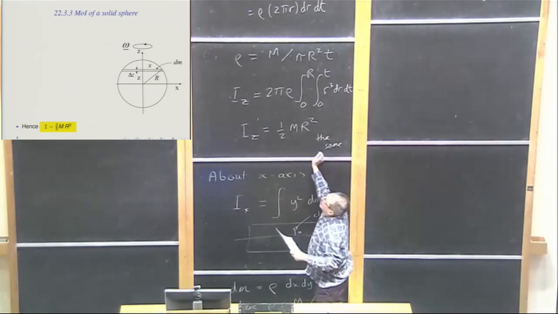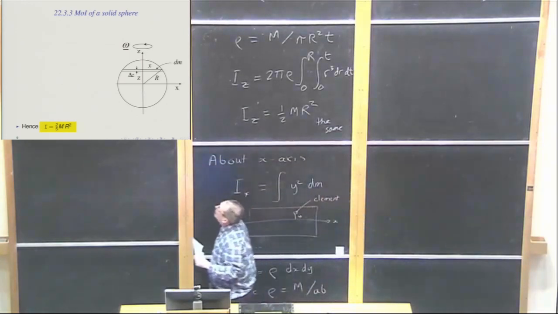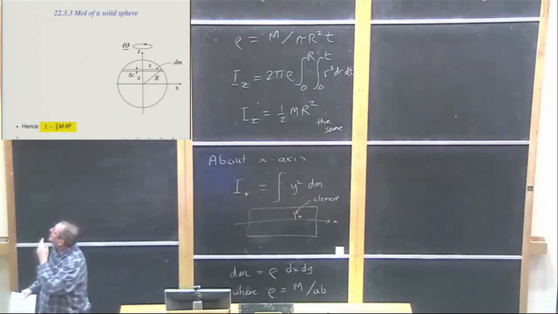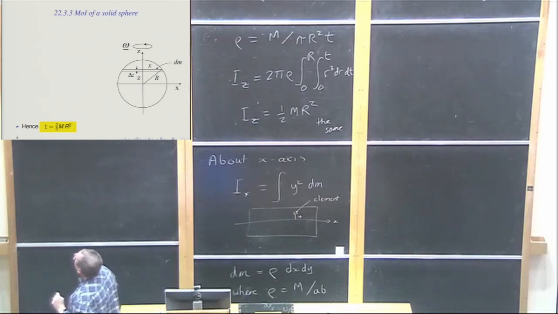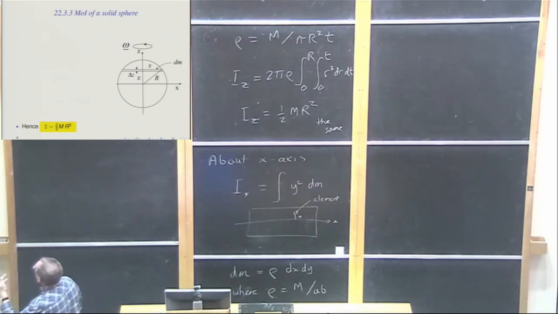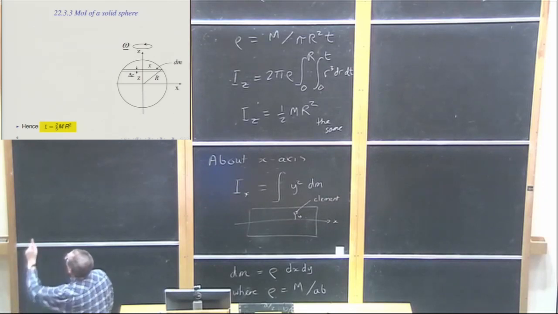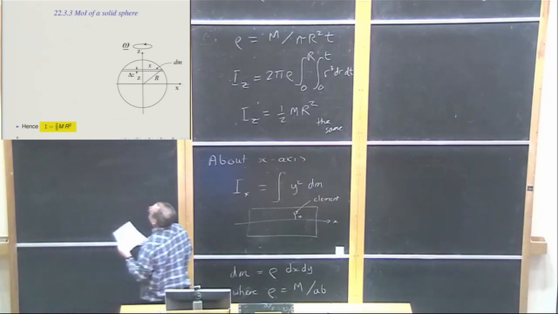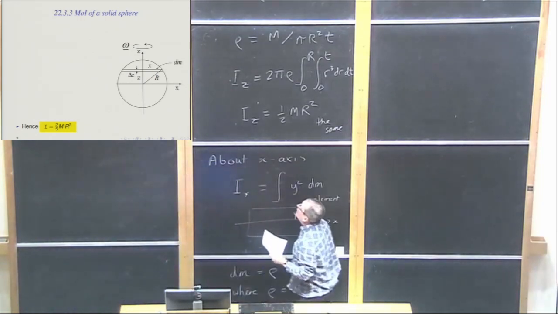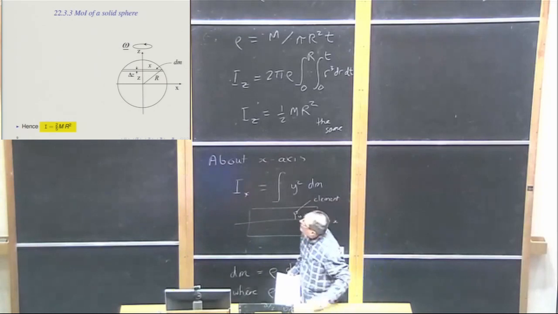Right, so let's complete our tour of these canonical objects by now considering the moment of inertia of a solid sphere. This is completely symmetric, so all we do is define an axis passing through the center and ask, can we calculate the moment of inertia of this object?